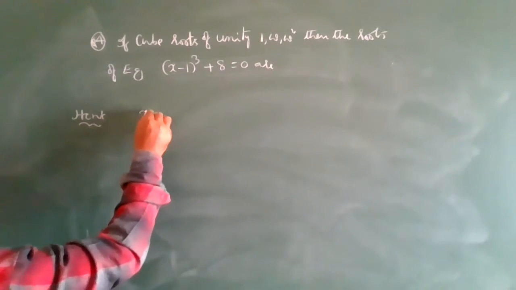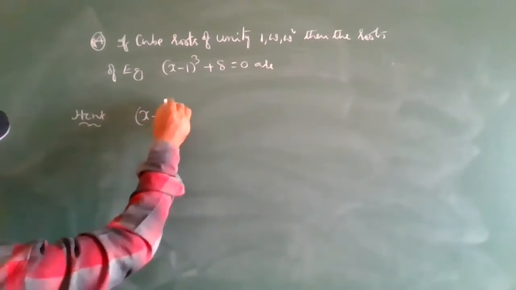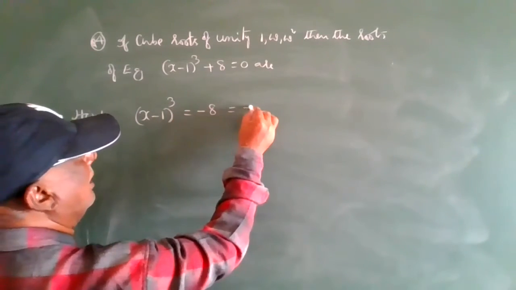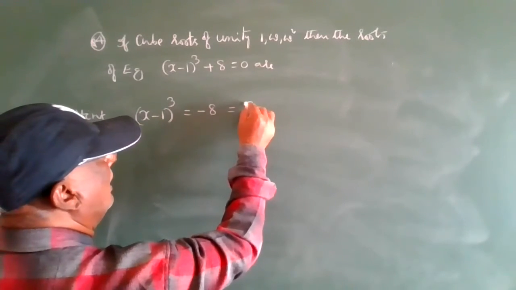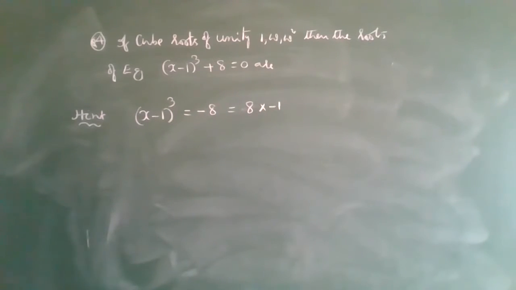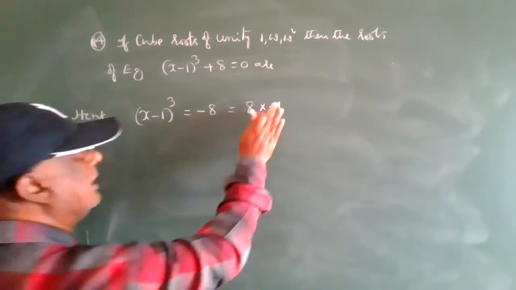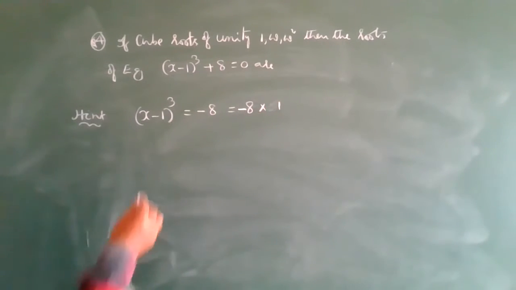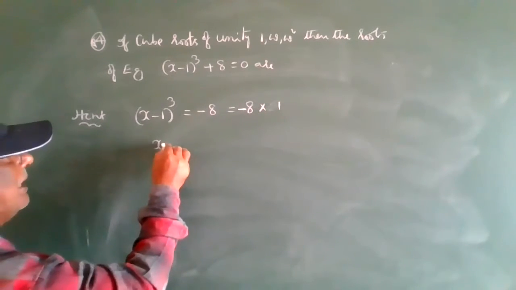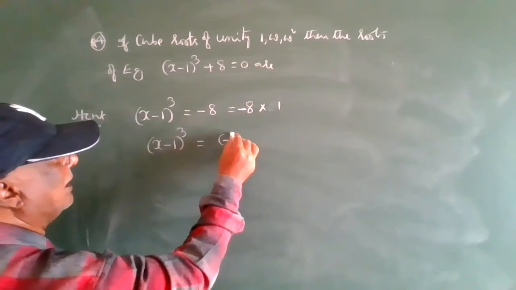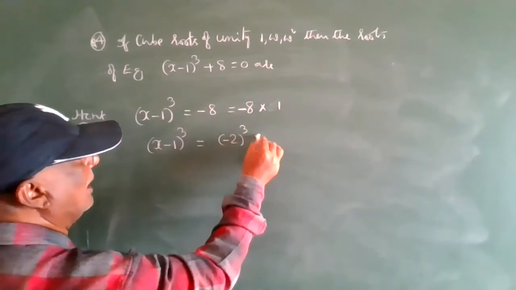So (x minus 1) whole cube is equal to minus 8. Immediately write down 8 into minus 1, so it is minus 8 into 1. So now (x minus 1) whole cube is equal to (minus 2) cube into 1.